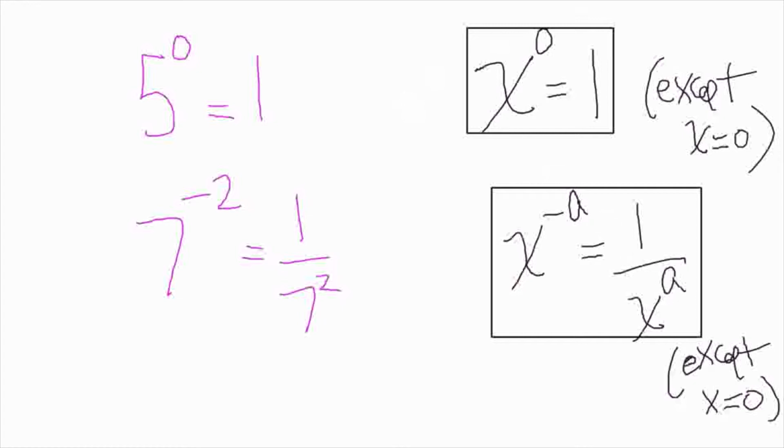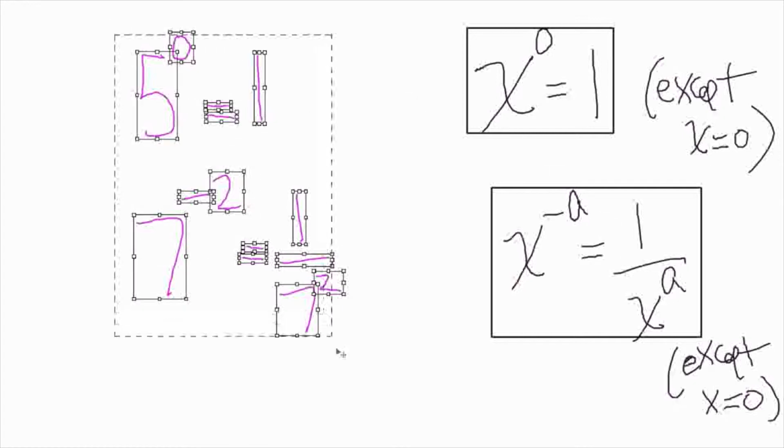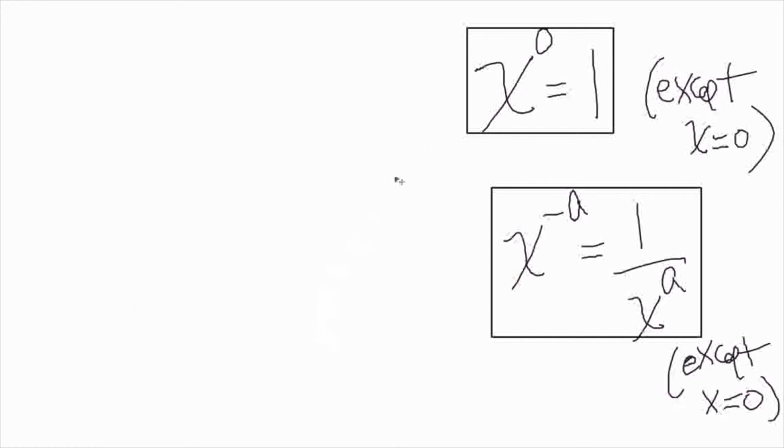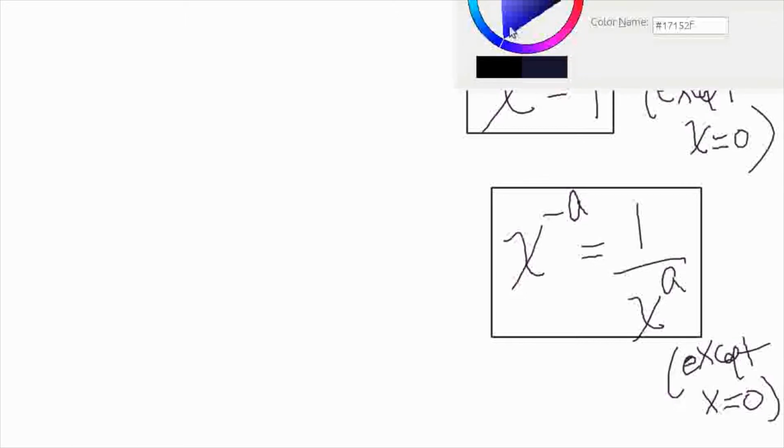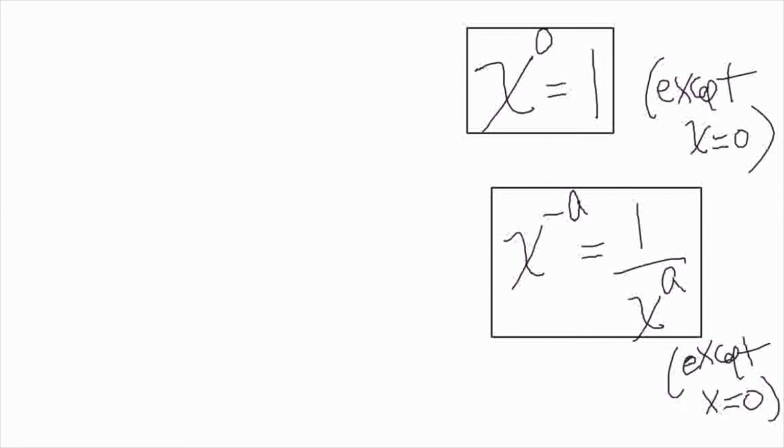We also want all the rules to mesh together. In other words, we don't want the rules to conflict with each other. We want harmony, so to speak. Let's take a trip down memory lane. Remember the rule from the last video, the quotient rule, where we said that when we have a quotient, we subtract the exponents.